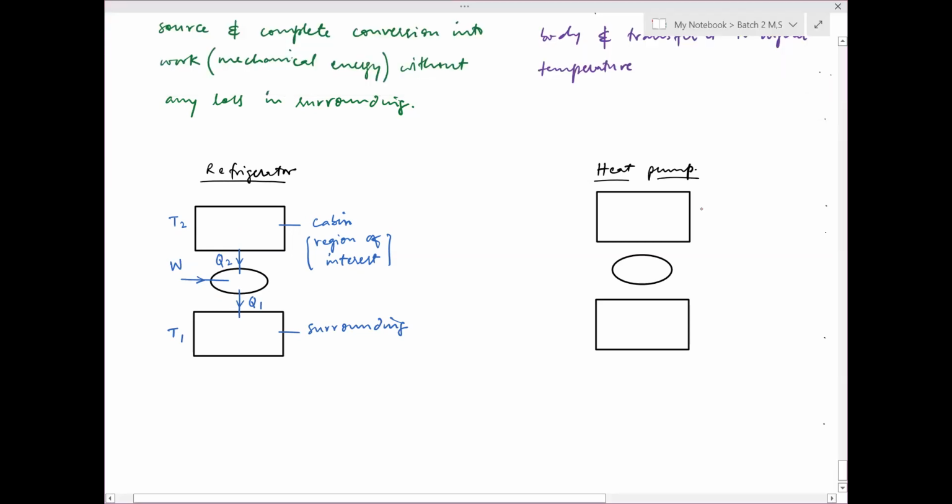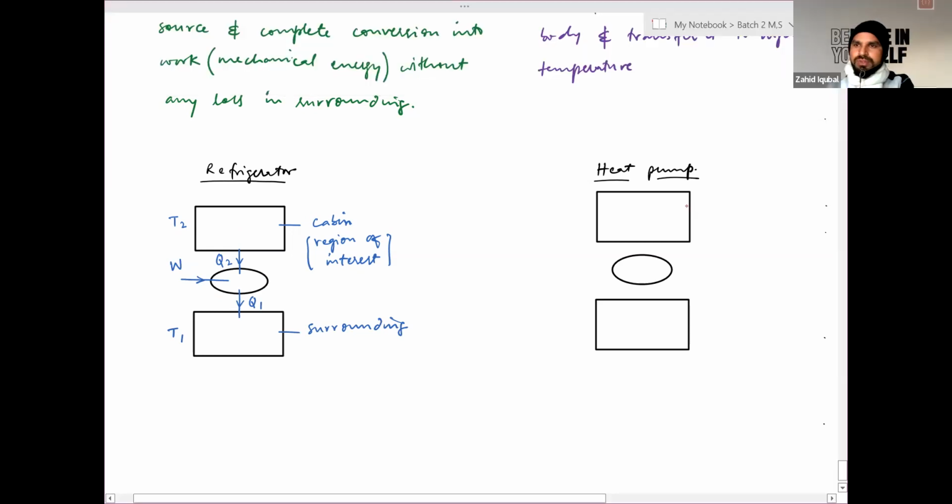Yes, sir. Similarly, in case of heat pump, it will be used to heat the room, which is based on this particular thermodynamical system. So in this part, this is the surrounding at some lower temperature T2, from which it absorbs a small amount of heat, and by adding work from the compressor, it ejects or donates Q1 amount of heat into the room to warm it.